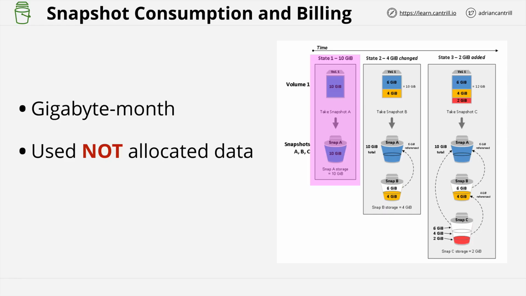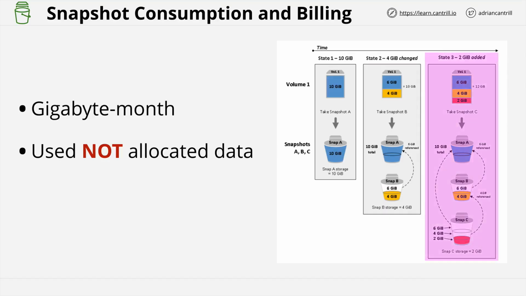The first snapshot, logically, will consume 10 GiB of space on S3 because it's a full snapshot and it consumes whatever data is used on the volume. In the middle column, we're changing 4 GiB of data out of that original 10 GiB, so the bit in yellow at the bottom. The next snap references the unchanged 6 GiB of data and only stores the changed 4 GiB. So the second snap only bills for 4 GiB of data, the changed data.